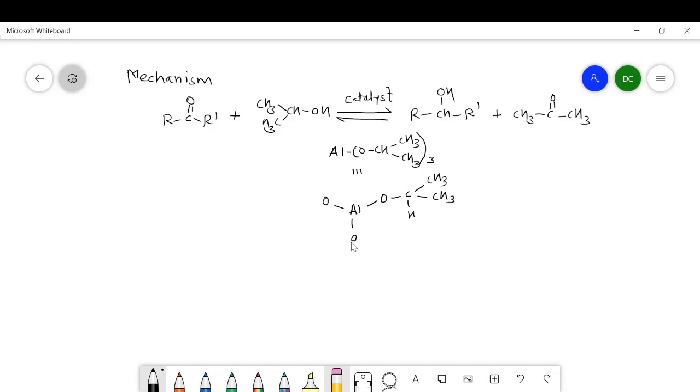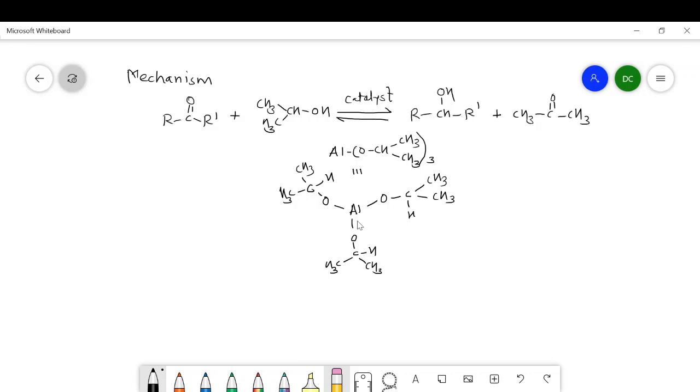Here there is a carbon, then here CH3 and again CH3. This is how the aluminum isopropoxide looks like.